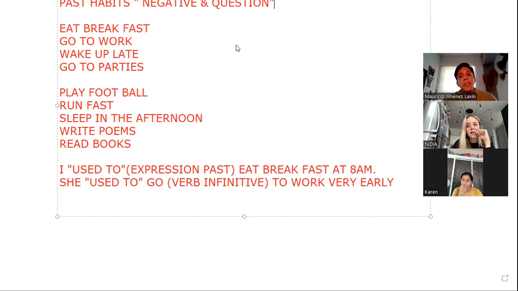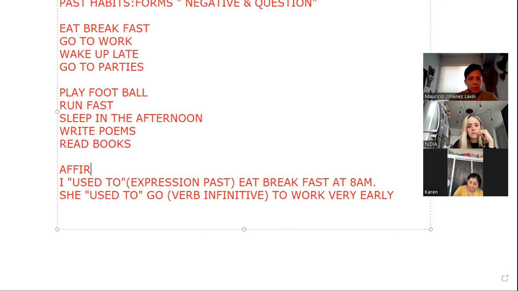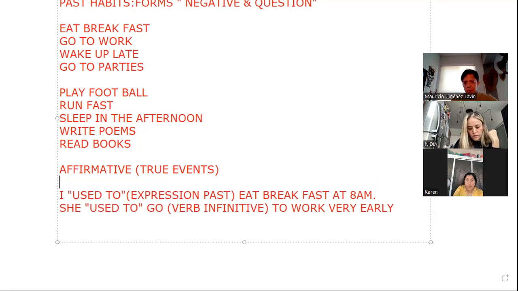Here, it's very important that when we talk about these forms, because we already said these examples, we talk about affirmative or true events. We are saying that it happened. It's affirmative. I used to wake up early. I used to play tennis.